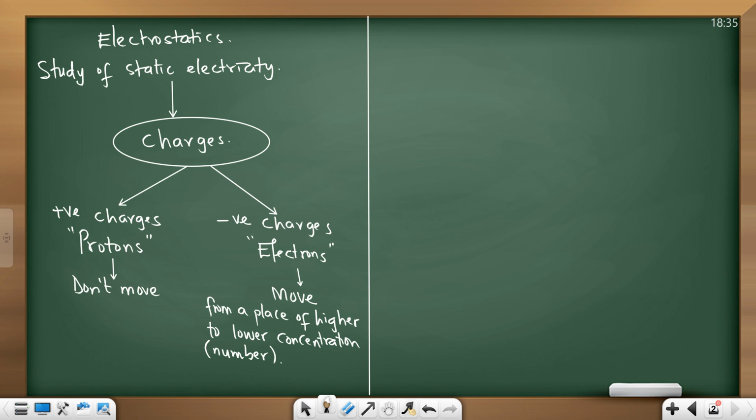Now, both electrons and protons have the same mass and the same value of charge.